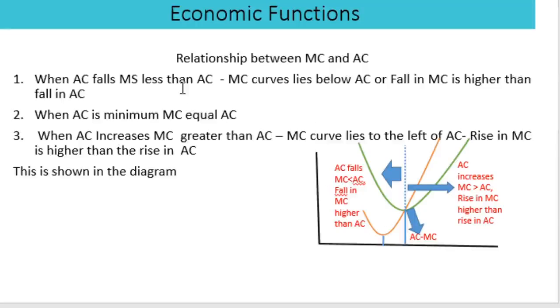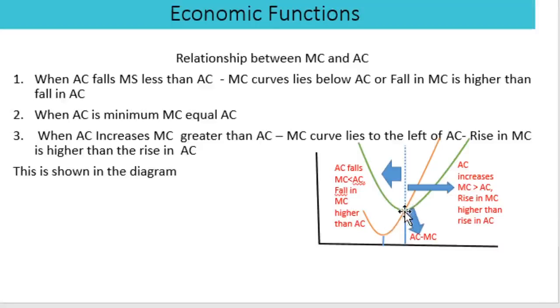The first relationship is that when average cost falls, that is this portion, marginal cost is less than AC. This is the average cost. This is the portion where average cost falls. In this case, marginal cost is less than average cost. This is the first relationship. When AC is minimum, marginal cost equals the average cost.